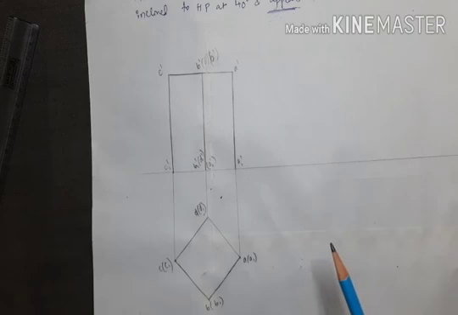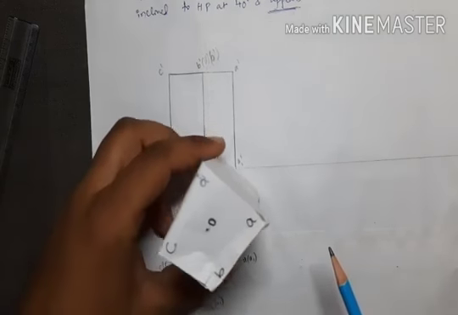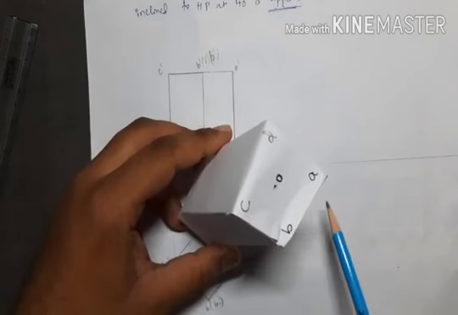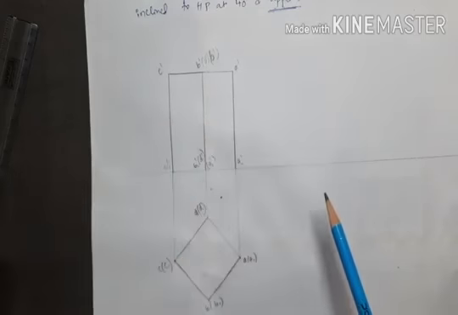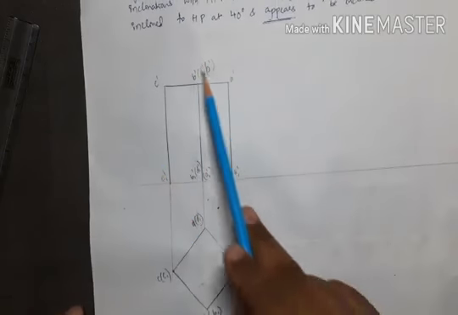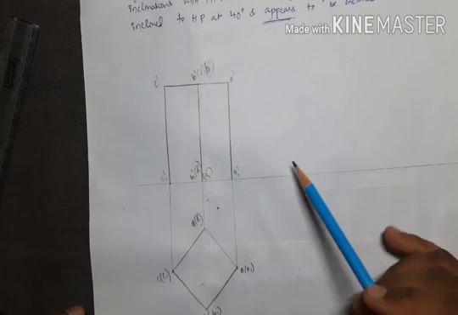Next, you have to tilt the axis, which is in this position. You have to tilt the axis so that the axis will be at 40 degrees to HP. So what you have to do is tilt this front view at 40 degrees.